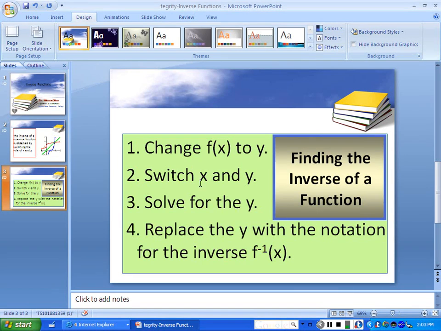Then we will switch the x and y variables. We'll then solve for that new y, and we will replace the y with a notation for the inverse. That notation looks like f of -1 of x in parentheses.